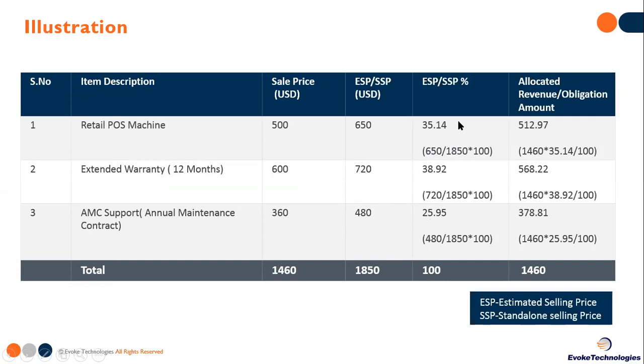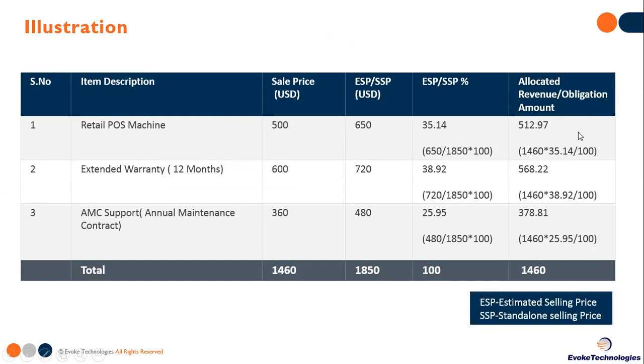Once the percentage has been derived, we need to allocate the transaction price, which is our selling price of 1,460, in the ratio of 35.14, 38.92, and 25.95. This amount represents the performance obligation amount, or the complete revenue which needs to be recognized.